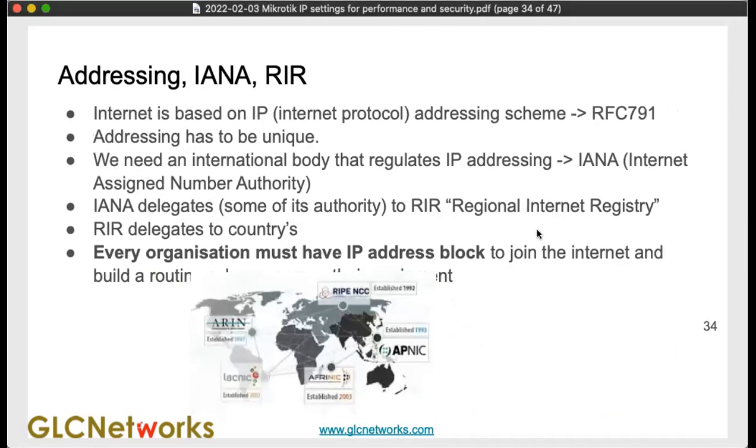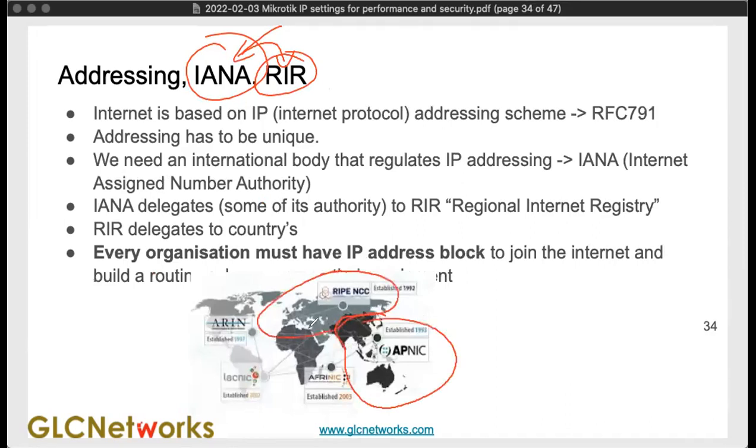So where do you get the IP address and the AS number? Well, that depends. We have an international organization named IANA, and IANA delegates some authority to the RIRs, the regional registries. Here we have APNIC, RIPE NCC, AFRINIC, LACNIC, and ARIN for North America.